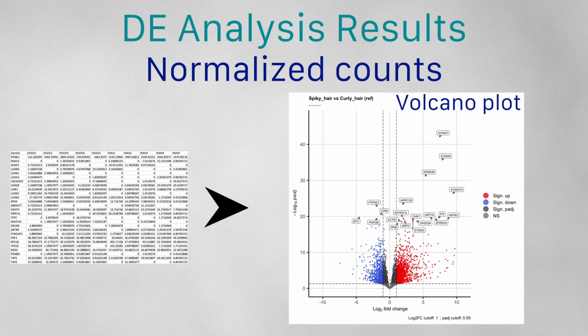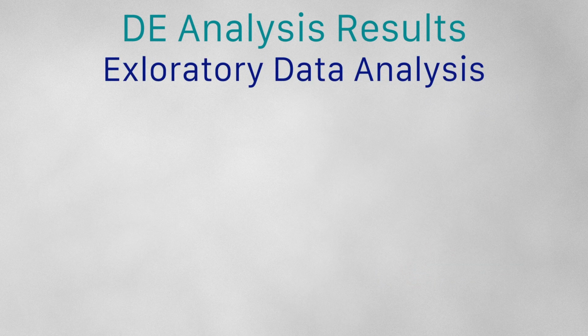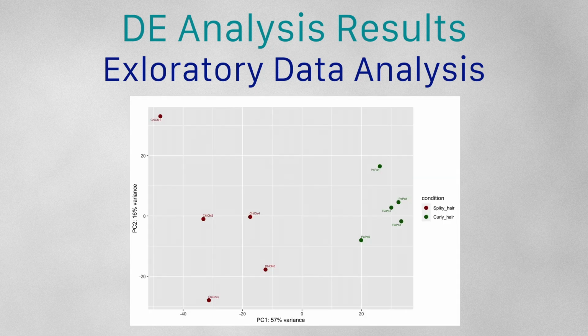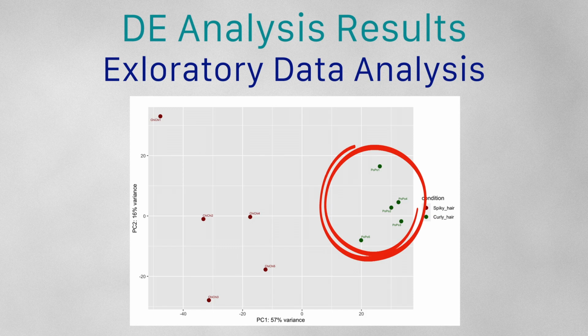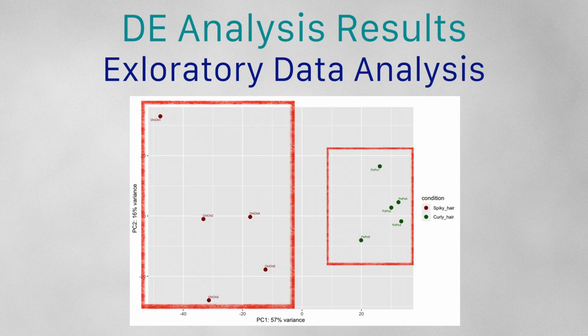Before doing any interpretation and further analysis, however, always make sure to conduct exploratory data analysis by principal coordinate analysis or PCA to check for the agreement of gene expression within groups and the separation of samples among groups.